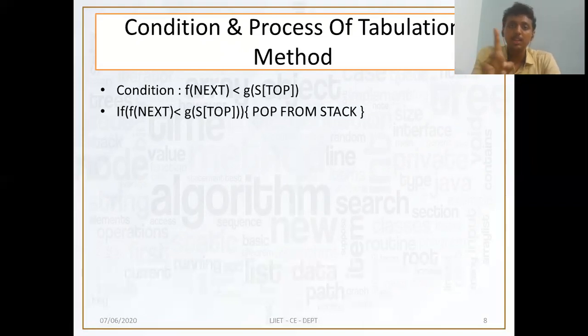Here you already know that the precedence inside and outside of the same symbol is not similar. So there is no chance to write less than or equal to over here. So if the condition is satisfied, then do pop from the stack.